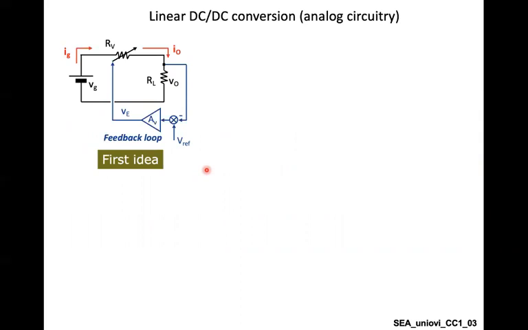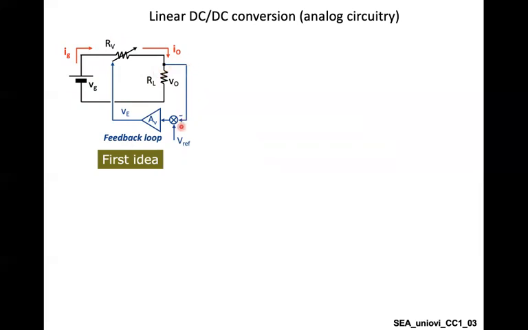As a very basic understanding, considering this circuit, the input is VG with a current IG, and here we have two resistances, a variable resistance and a load resistance. Basically, the voltage reaching the output will be lower than the voltage at the input due to this potential divider.